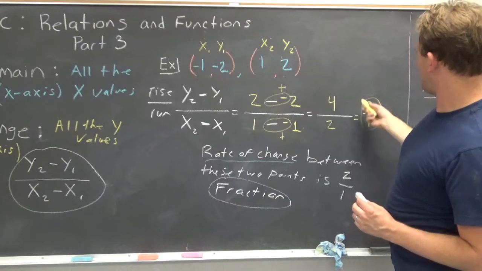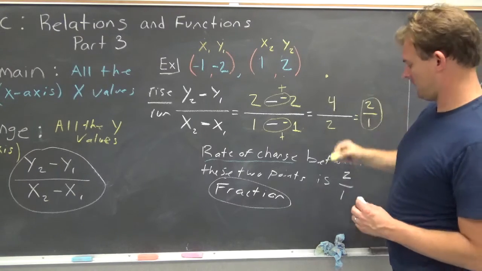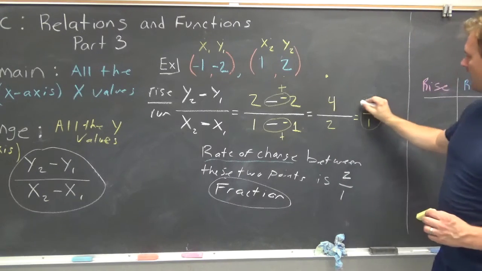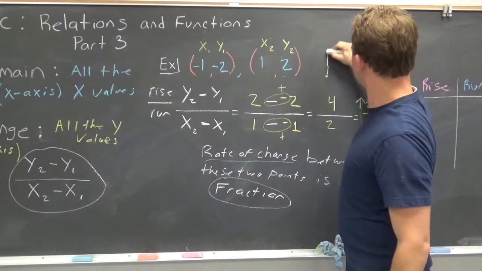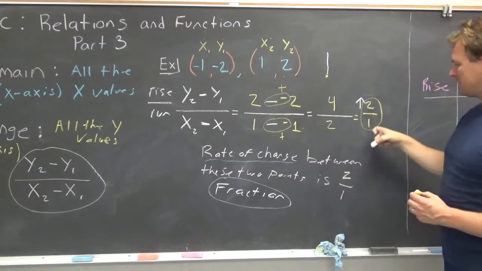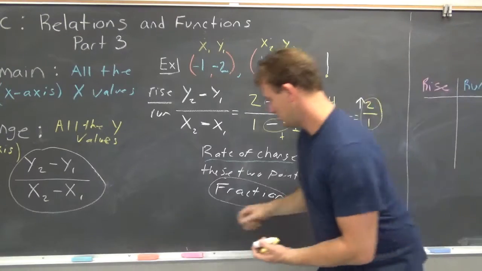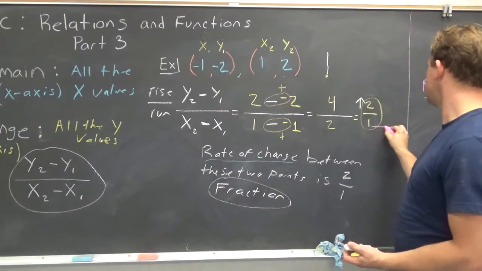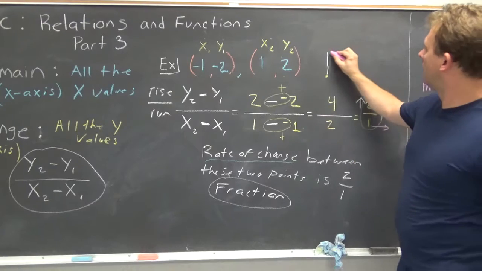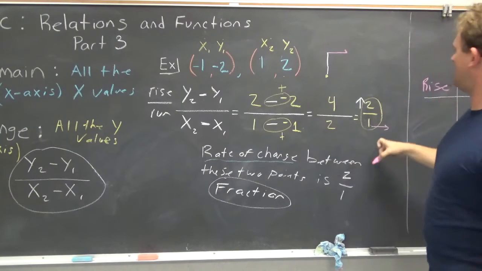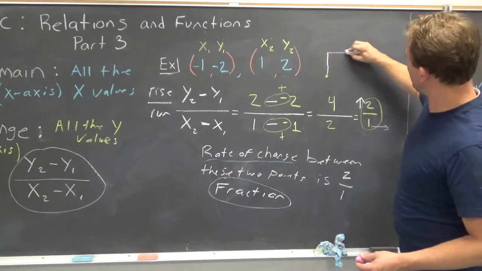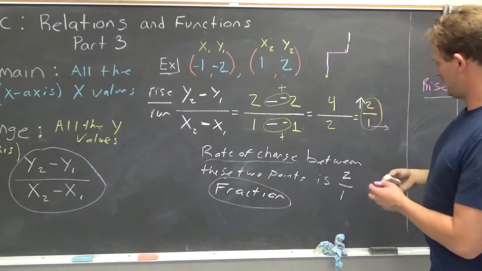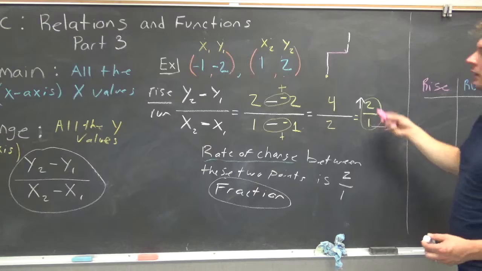So that means I'm going to start here, and I'm going to go up 2. 1, 2. What does this 1 mean? This 1 means I'm going to run by 1. Keep going. Up 2, 1.